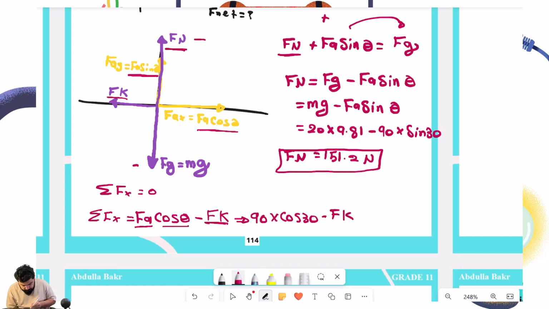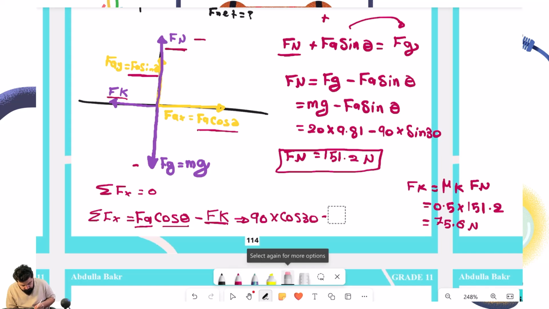Let's find Fk. So Fk is equal to what? It is equal to mu k multiplied by Fn. Okay, mu k is 0.5, Fn we found, 151.2. Fk is equal to 75.6 Newton.